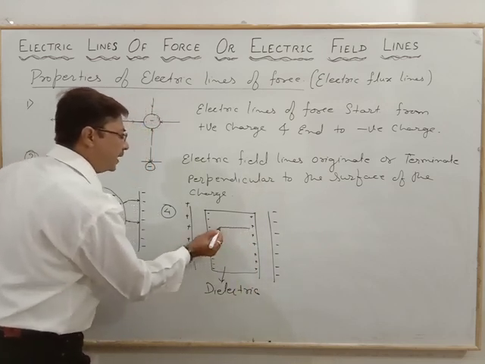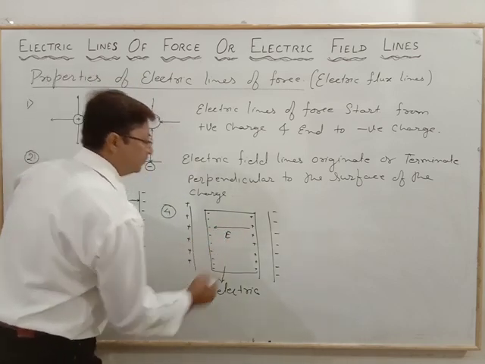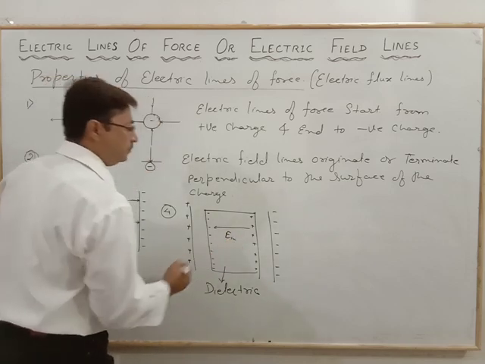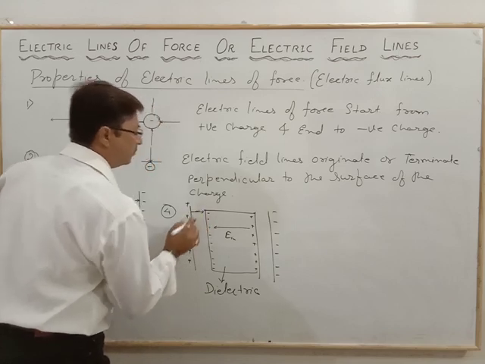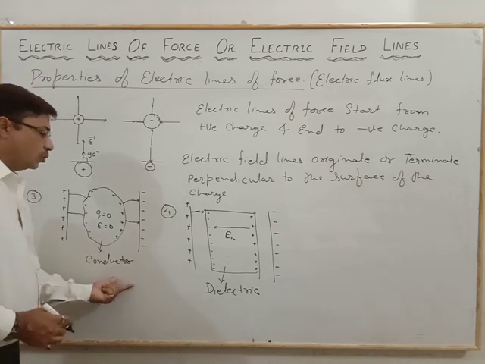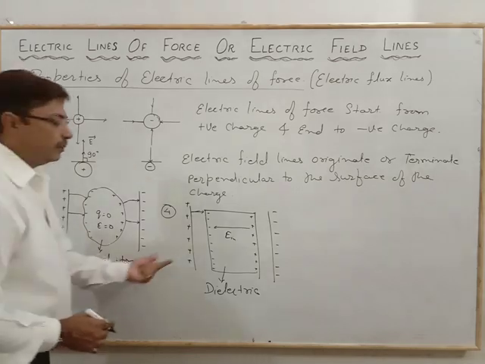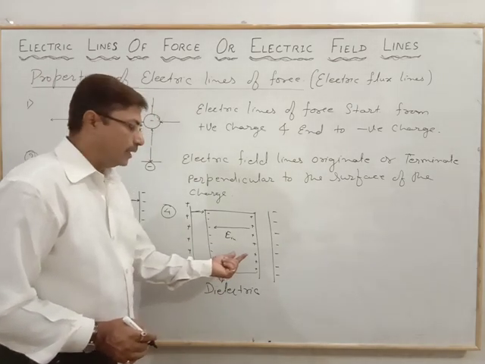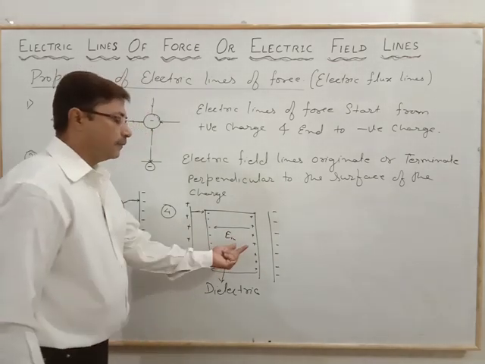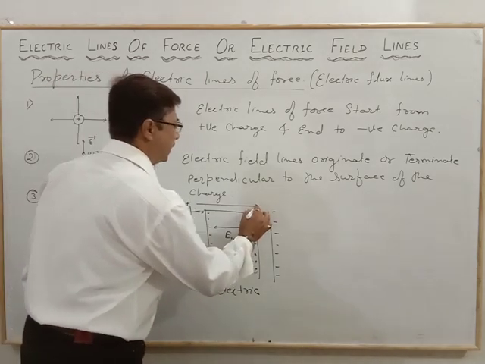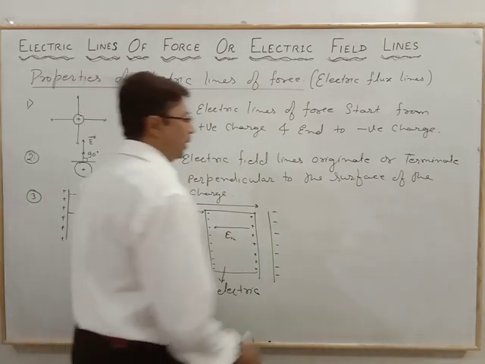So inside the dielectric there is an induced electric field, and outside it goes from positive to negative. In the conductor there are no electric field lines inside, but in the dielectric there are, due to polarization, an induced electric field opposite to the applied electric field. So this is the property.